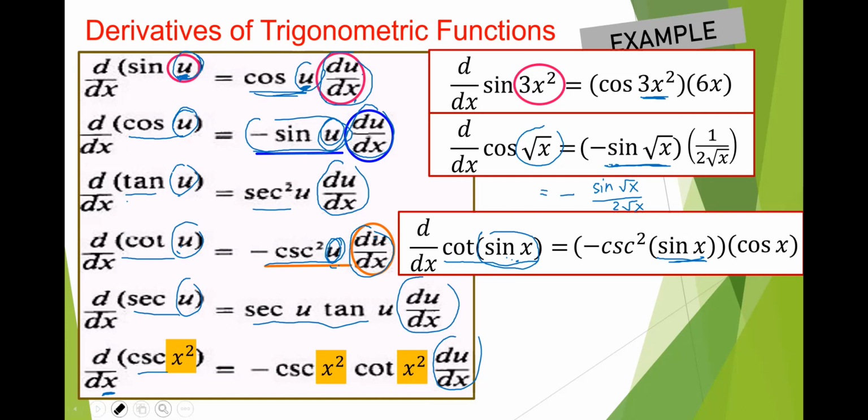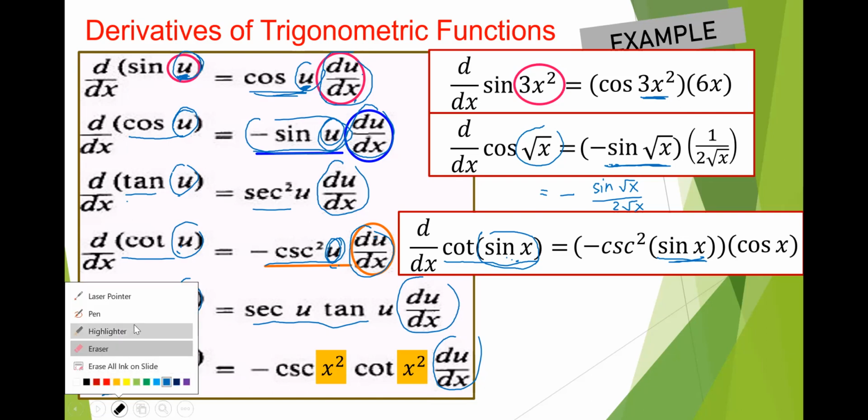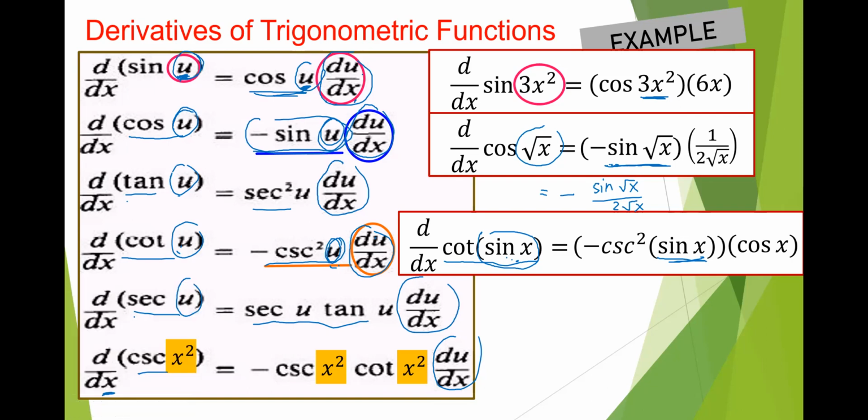Ano yung derivative ng u with respect to x? That will be 2x, no? So, we are to replace the du dx by 2x. So, that's it. Your 3 factors are this one. You can actually write this as negative 2x times cosecant x squared times cotangent of x squared. Parang yung negative is coming from here.